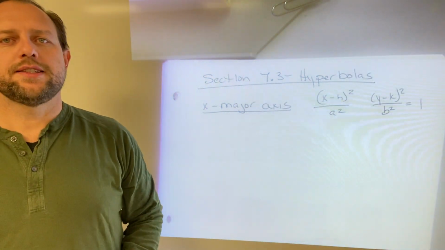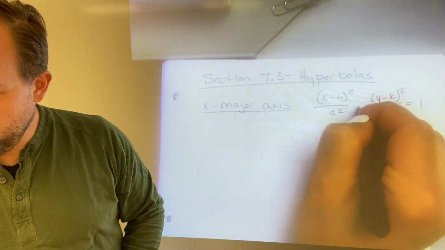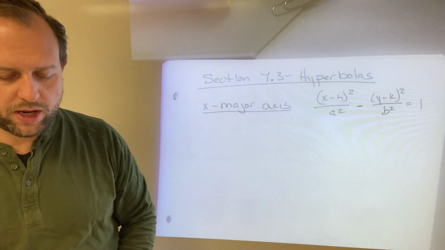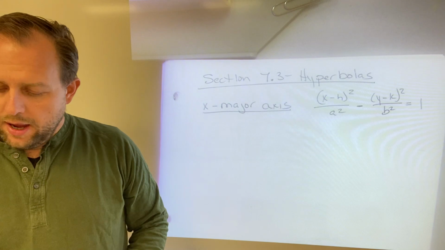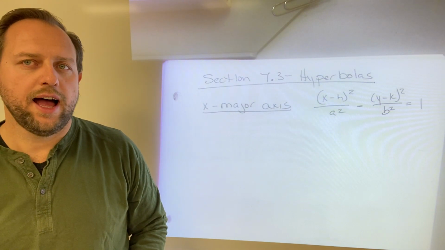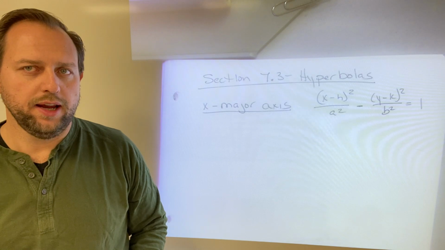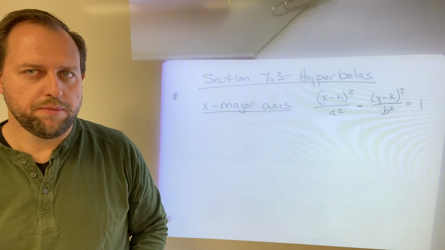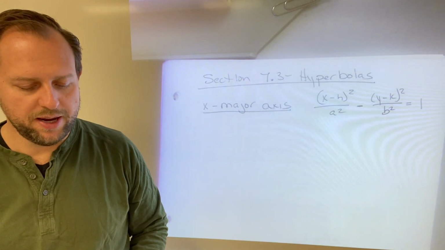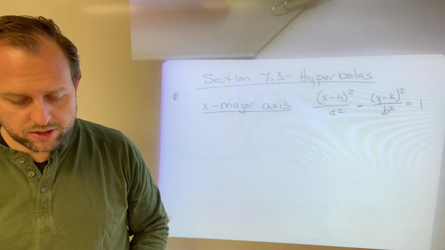The difference is that it's now a negative. And so that negative changes how the foci are being produced, which then changes the property of the ellipse and makes it into a hyperbola.